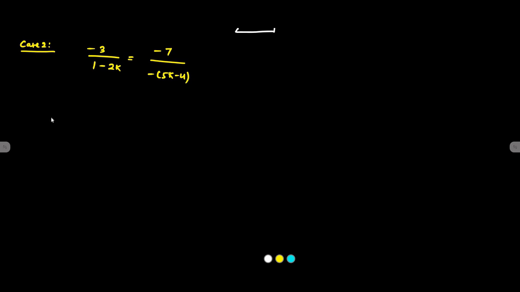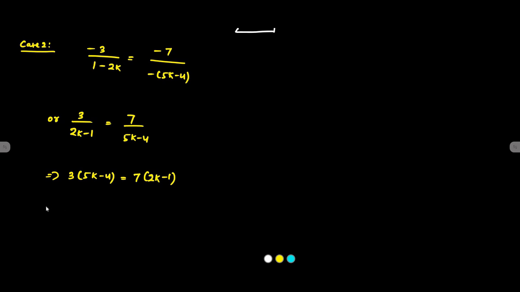Multiplying minus 1 here, we can write it as 3 by 2k minus 1 is equal to, minus gets cancelled here, 7 by 5k minus 4. That implies, cross multiplying, 3 into 5k minus 4 equals 7 into 2k minus 1.